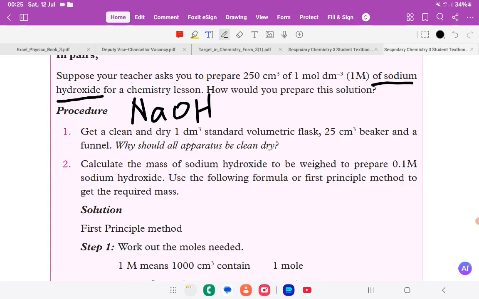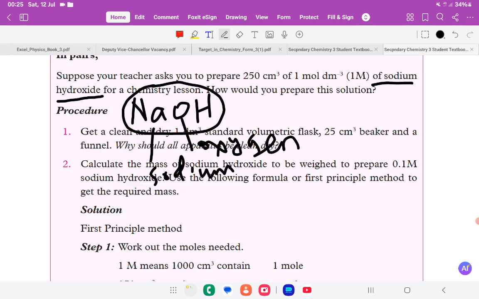The formula tells you the elements found in it: sodium, oxygen and hydrogen.